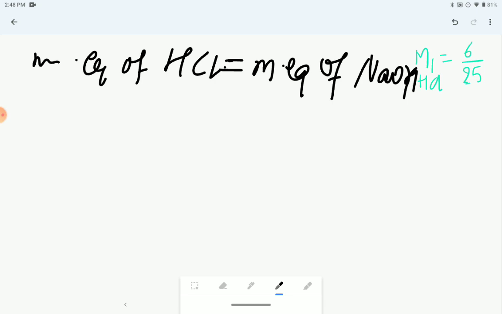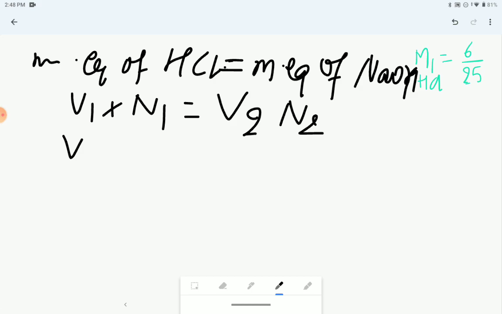So the mole equivalent of HCl is V1N1, and we don't know V1. This is equal to V2N2, right? V1 into n factor, which is 1 for HCl, so I'm not mentioning it, into molarity 1. Molarity 1 is nothing but the molarity of HCl, which is 6 by 25.